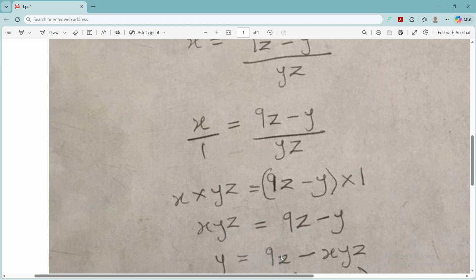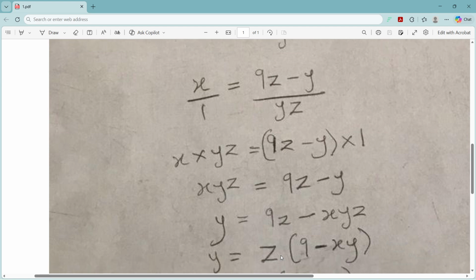So in factoring out, we have y equals z, which is the factor, multiply, or in brackets, 9 minus xy. Brackets close. So we are going to have our new equation to be y equals z multiplying, or in brackets, 9 minus xy, right?